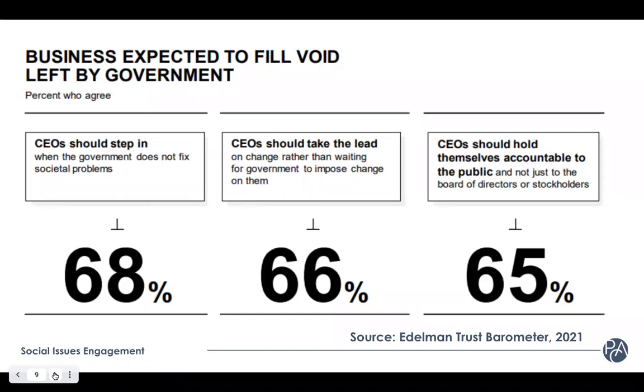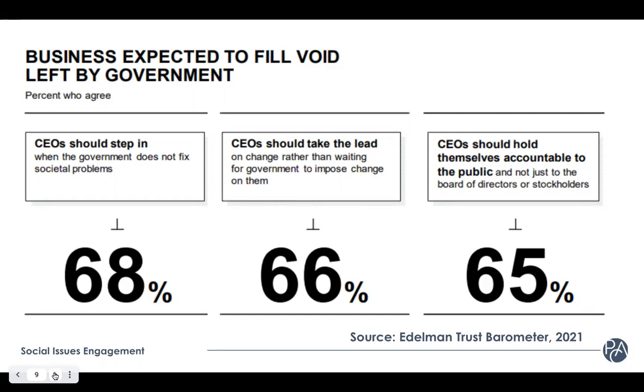The next thing is that businesses are often expected to fill the void left by government. We saw that increase dramatically under the last administration, where a lot of people felt there were huge ongoing issues in the United States that were not being addressed by government.